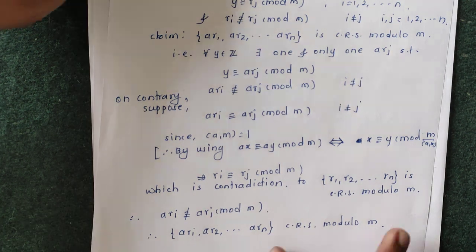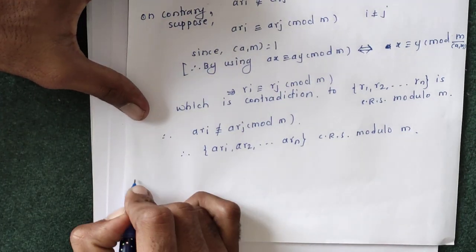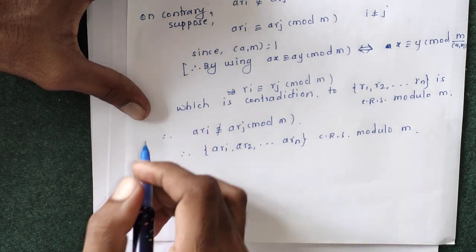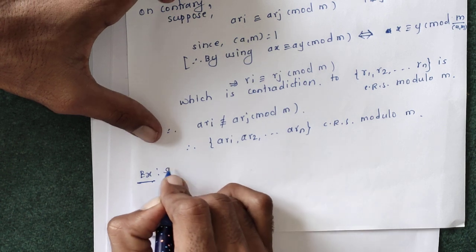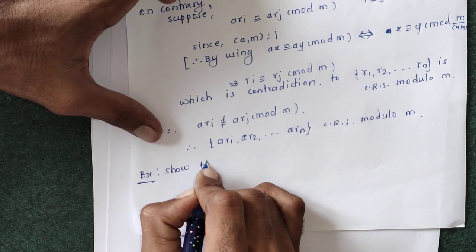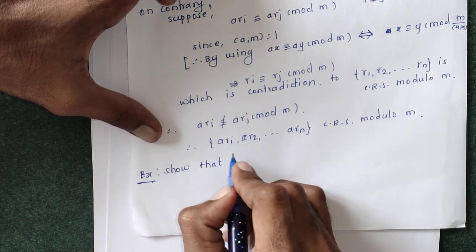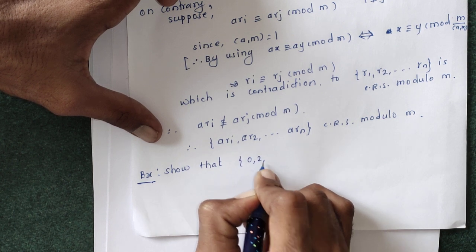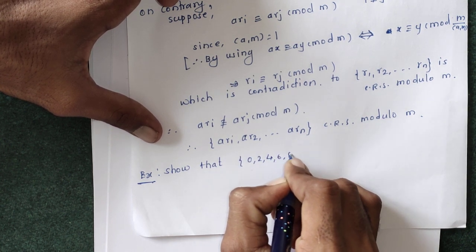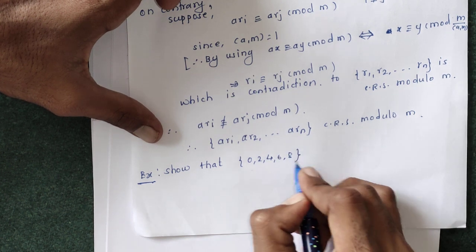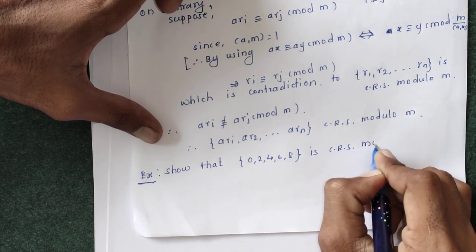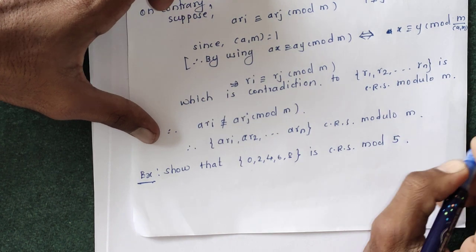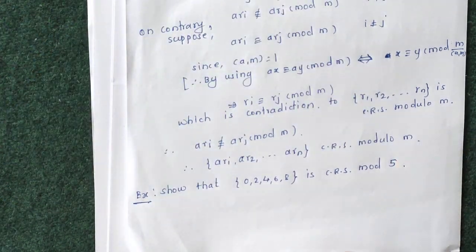So we are going to take one more example on this theorem. The example is: show that 0, 2, 4, 6 and 8 is a C.R.S. under modulo 5.